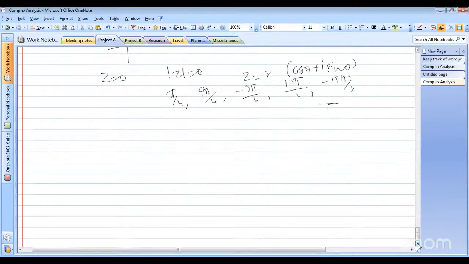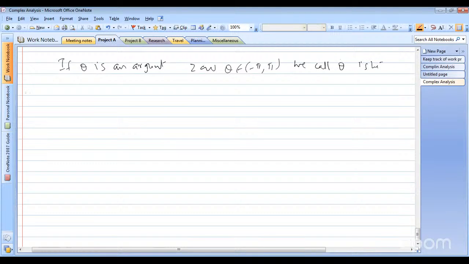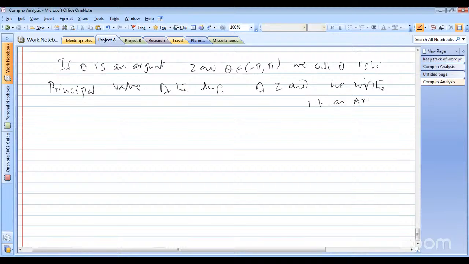Another definition we will take here: if theta is an argument of z and theta belongs to minus pi to pi, we call theta the principal value of the argument of z, and we write it as arg z.